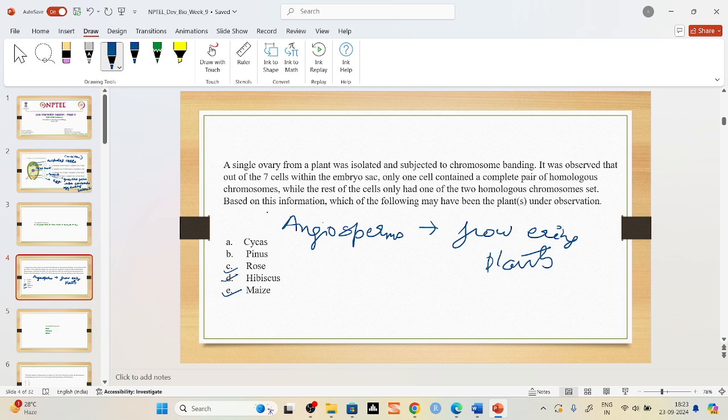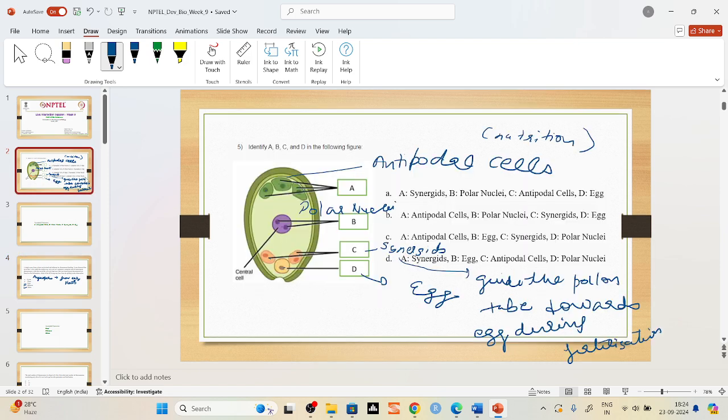The question says that only one cell contained a complete pair of homologous chromosomes, while the rest only had one of the two homologous chromosome sets. What does it mean? That only one cell is diploid and the rest are haploid. So they are referring to this arrangement where your central cell is diploid while all the rest, the antipodal cells, synergids and egg, are haploid.